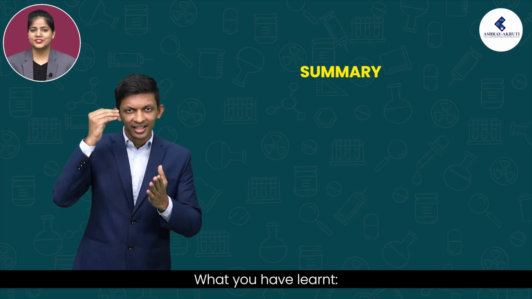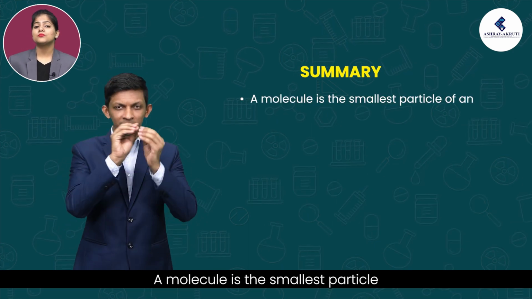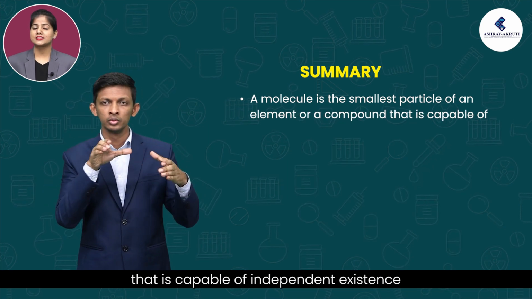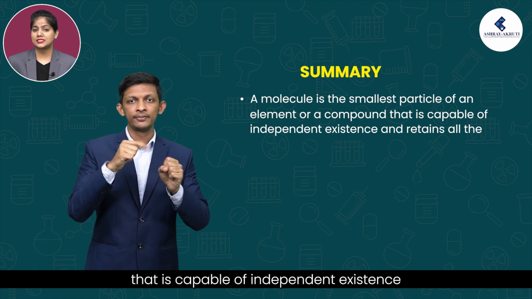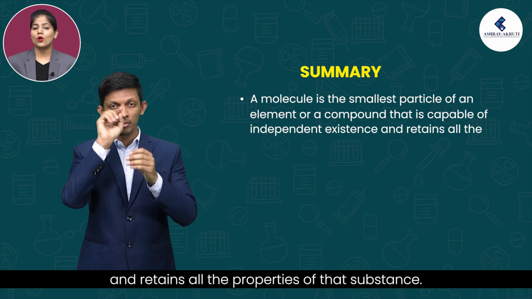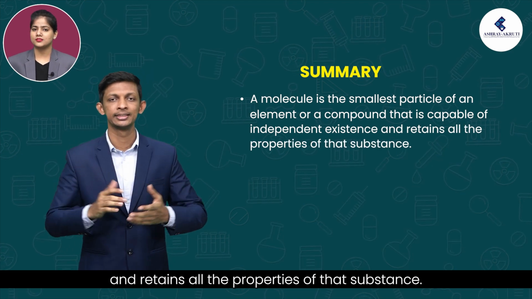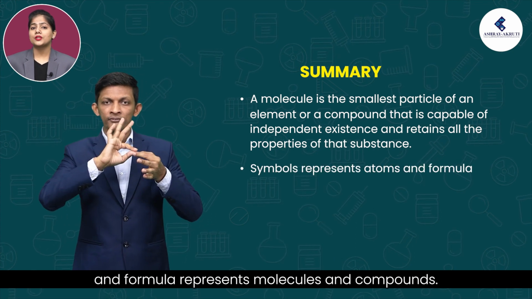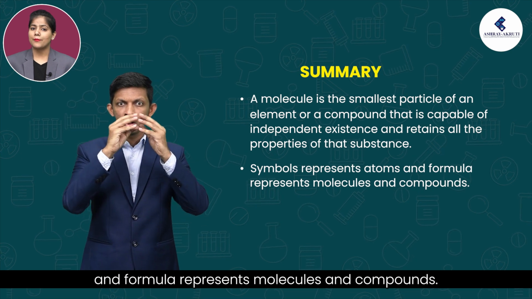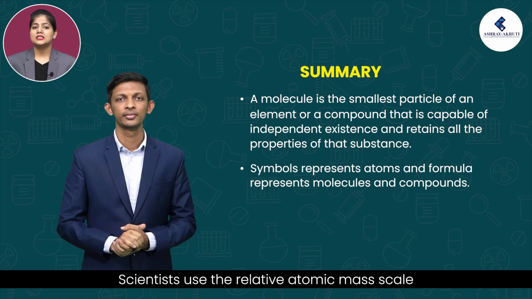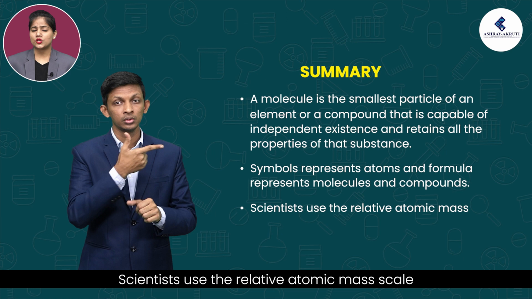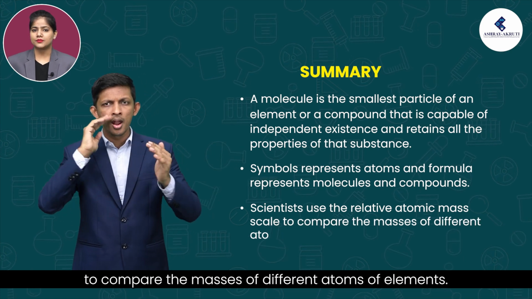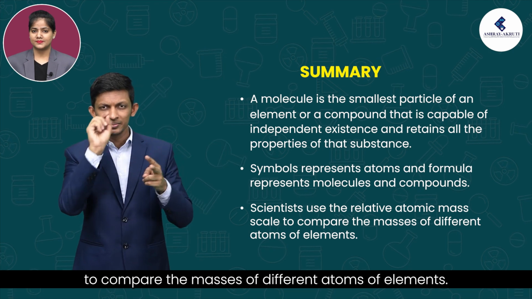What you have learnt? A molecule is the smallest particle of an element or compound that is capable of independent existence and retains all the properties of that substance. Symbols represent atoms and formula represent molecules and compounds. Scientists use the relative atomic mass scale to compare the masses of different atoms of elements.